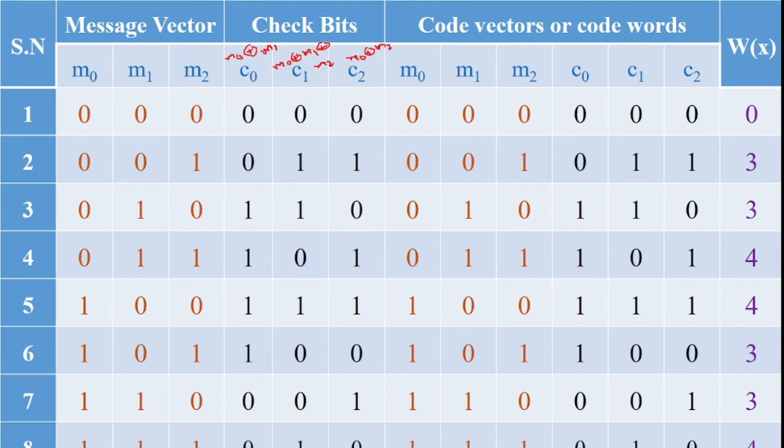Next, the C1 parity bits. And what is the expression of C1? M0 modulo 2 addition M1 modulo 2 addition M2.